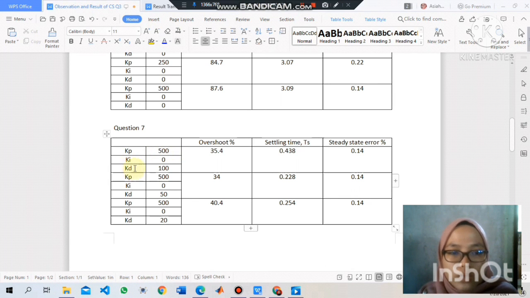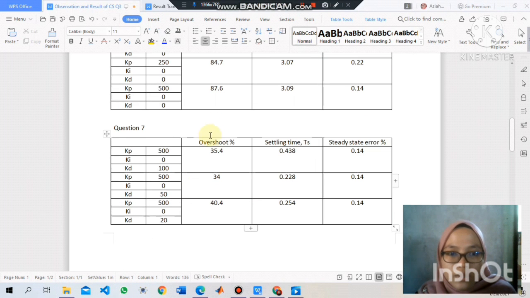And we have been asked to choose 3 different values of Kd. So we keep the Kp value at 500, and then we change the Kd value to 3 different values, which are 100, 50, and 20.